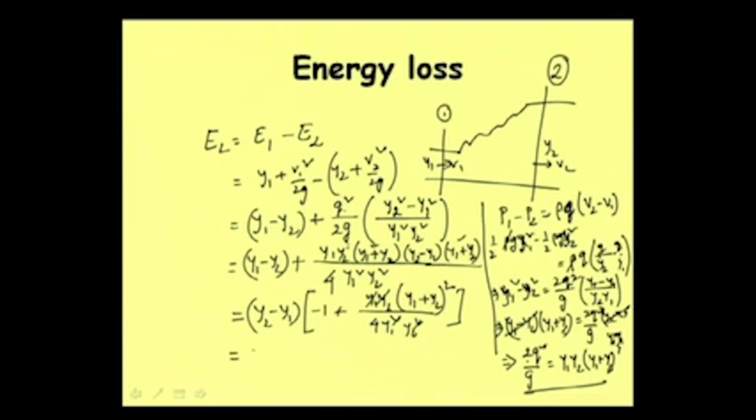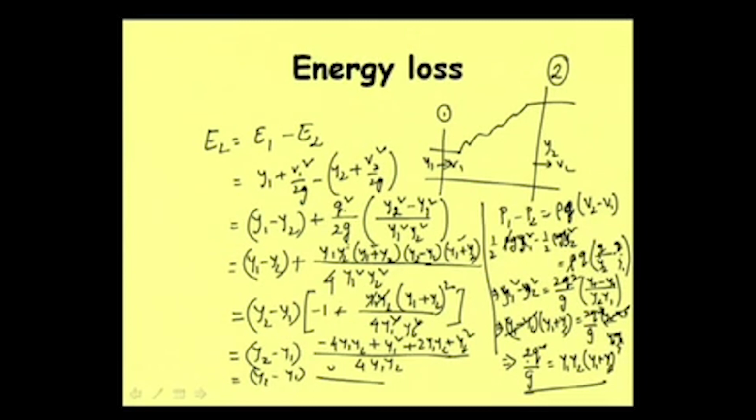So we can write y2 minus y1, and this expression will be 4 y1 y2 minus 4 y1 y2 plus y1 square, plus twice y1 y2 plus y2 square. Ultimately, if we simplify that part, this becomes y2 minus y1, and then y1 square plus y2 square minus 2 y1 y2.